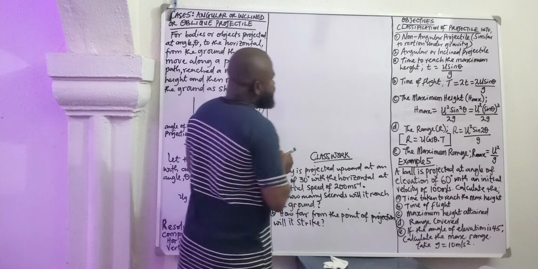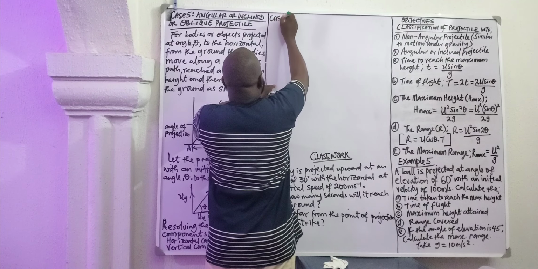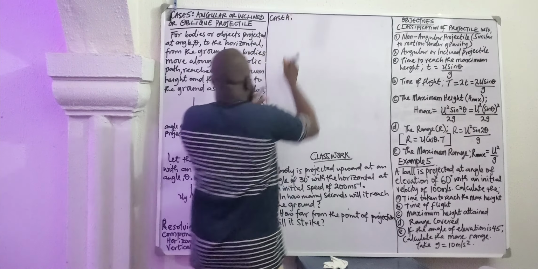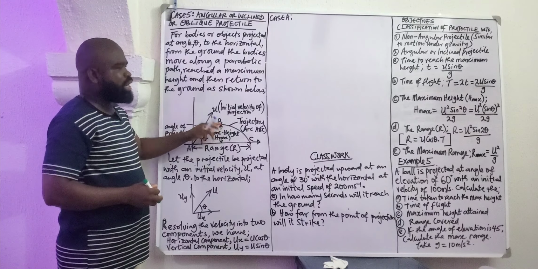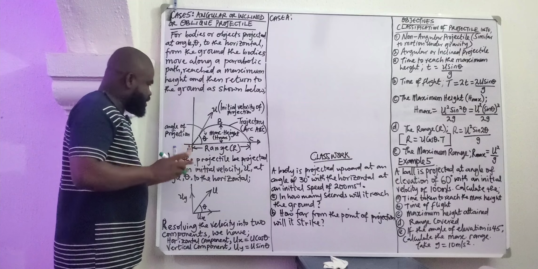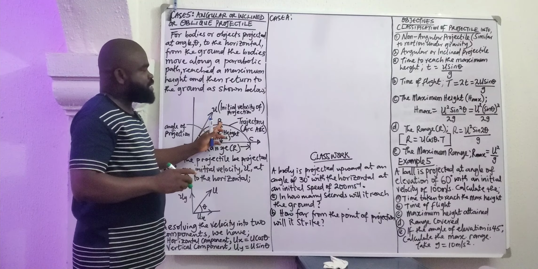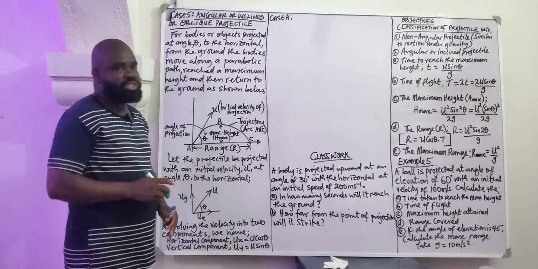So let's continue by saying, if we are asked to look for the time to reach the maximum height for this object, the time it will take to reach the maximum height, that is half the journey. And like we established, the time to reach the maximum height is also the same time it takes from the maximum height to reach the ground.